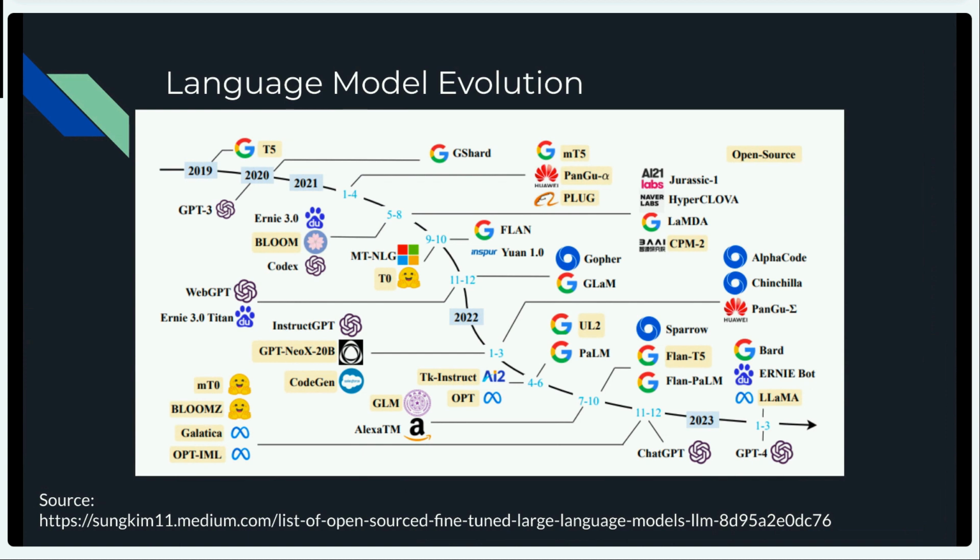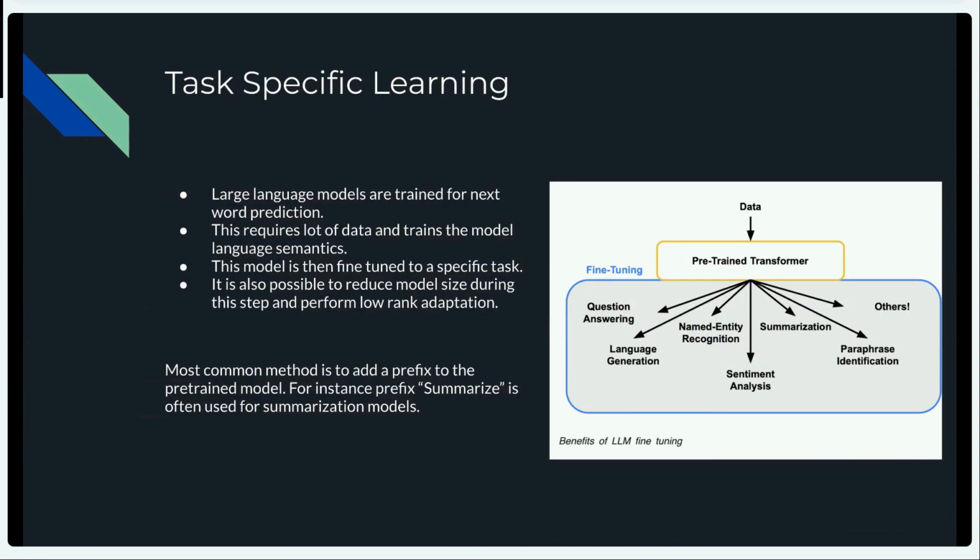For example, let's say you want to use a model for classification, or you want to train a model for summarization, or even for translation. What you can do is take these foundational models and train them for these specific tasks. So this particular activity of downstream training is basically known as task specific learning, and you can train them, as I mentioned, for anything, something like translation, named entity recognition, or classification.